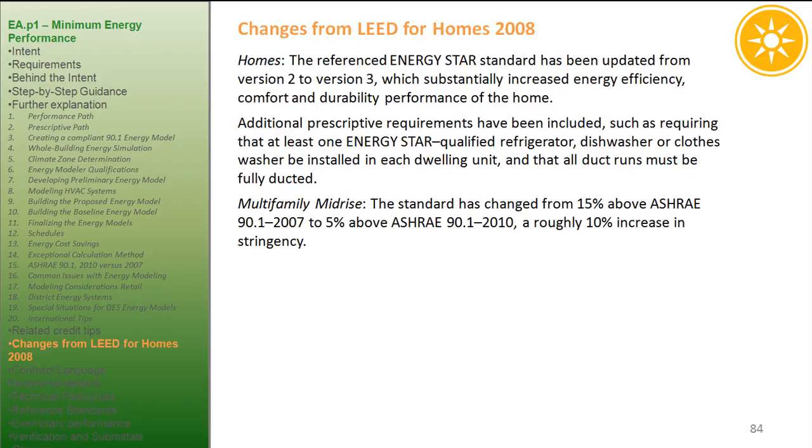Changes from LEED for Homes 2008. The reference to Energy Star standard has been updated from version 2 to version 3, which substantially increased energy efficiency, comfort and durability performance of the home. Additional prescriptive requirements have been included, such as requiring that at least one Energy Star qualified refrigerator, dishwasher or clothes washer be installed in each dwelling unit, and that all duct runs must be fully ducted.